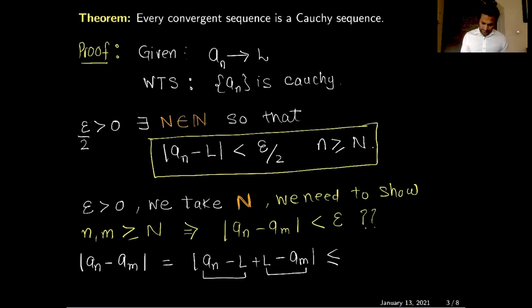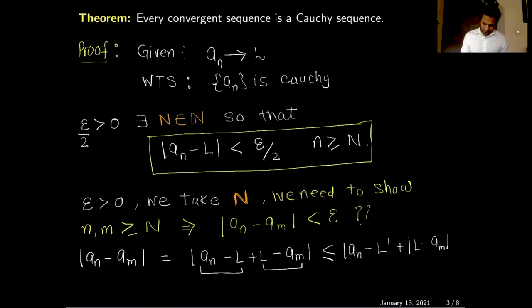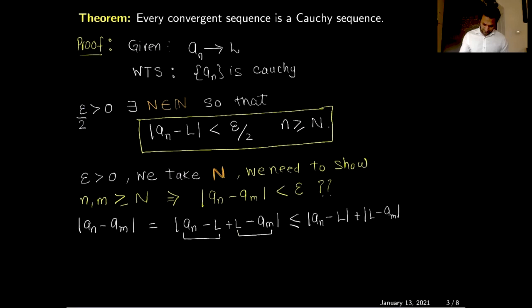So this is less than or equal to the absolute value of an minus L plus the absolute value of L minus am. Since I have absolute value, I can flip these terms, so this will be am minus L.